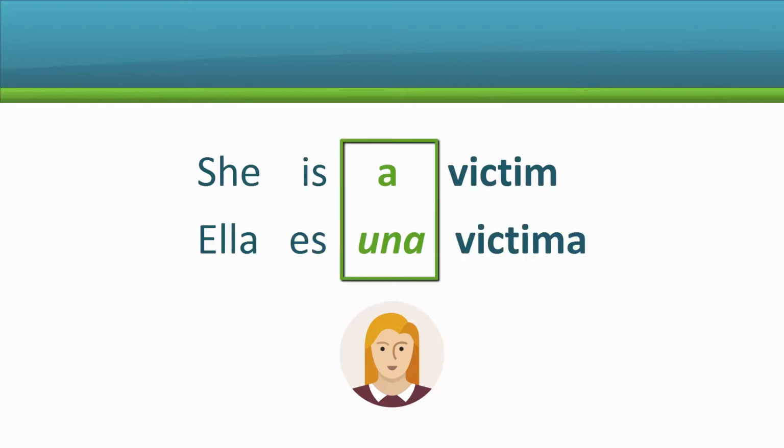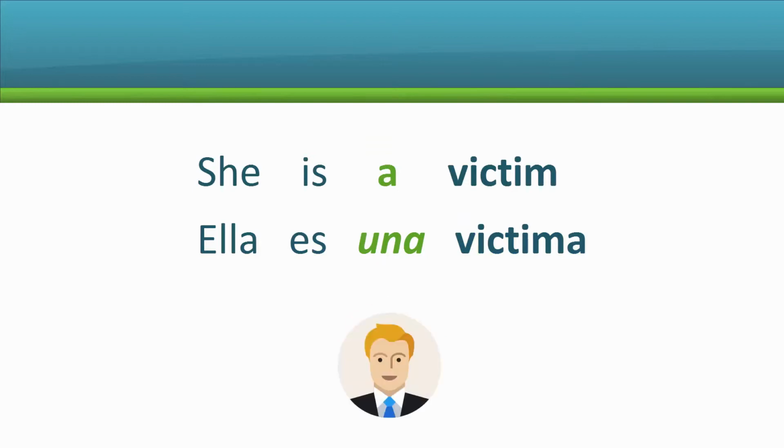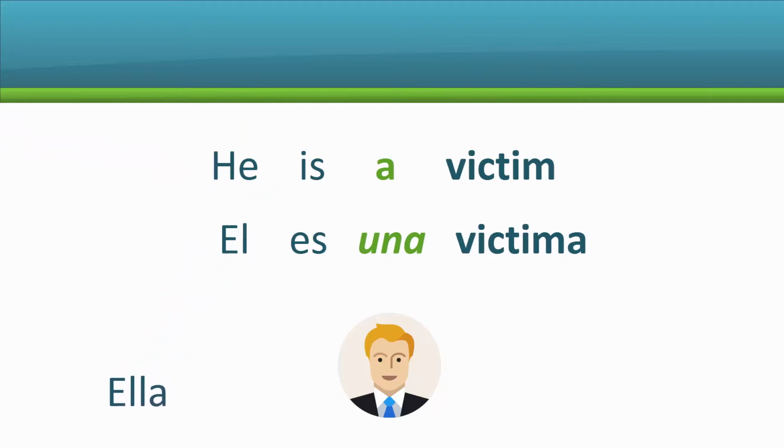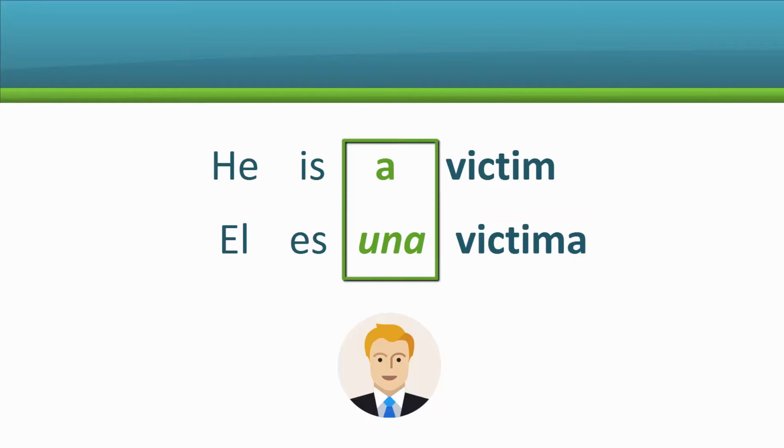But how about if we are talking about a male victim? He is a victim. Well, in Spanish, that would be él es una víctima. As you can see, the pronoun did change, but the indefinite article remained the same.